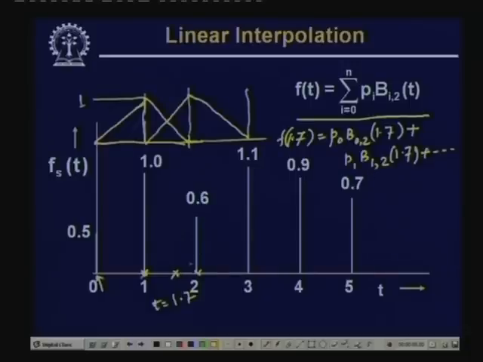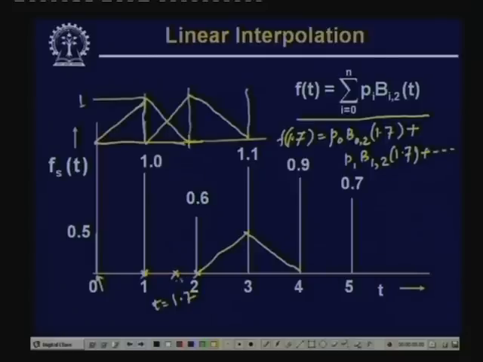Contribution to this point by the sample value f 2 is given by b 2 to 1.7, but b 2 to 1.7 is equal to 0 at t equal to 1.7, because b 2 to 1.7 is something like this. So, value of this function is 0 at t equal to 1.7.